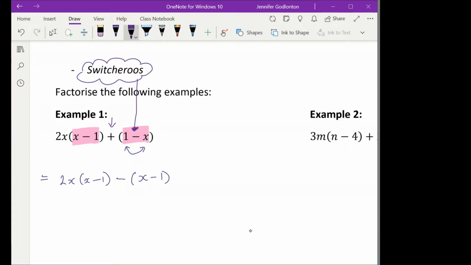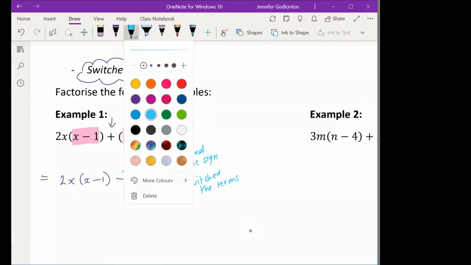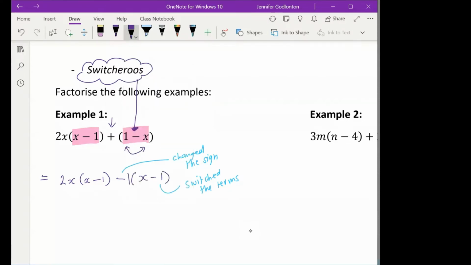Okay, so all that's happened here, I'm just going to write a little note down for anyone who's struggling: all we did was we changed the sign and then we switched the terms. Okay, I'm just going to put a secret 1 over here to help us when we factorize.